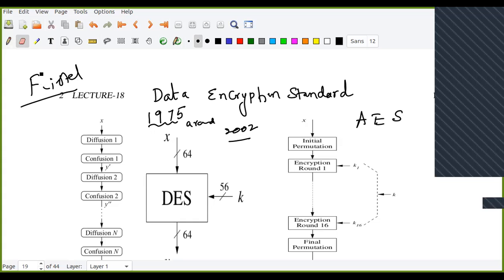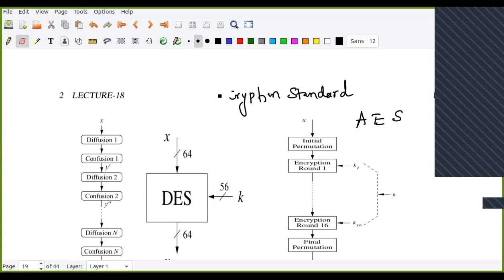I'll tell you what the Feistel cipher is and how DES is created. But this is a little bit boring for you because it is like explaining the structure of an elephant. Elephant has 4 legs. It is a fixed algorithm we are studying, but these are the things people are using.